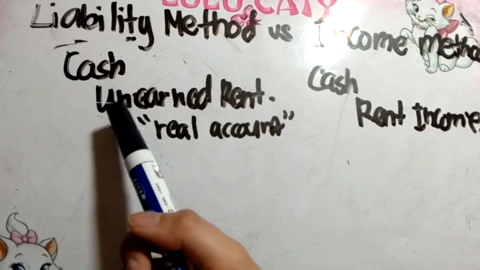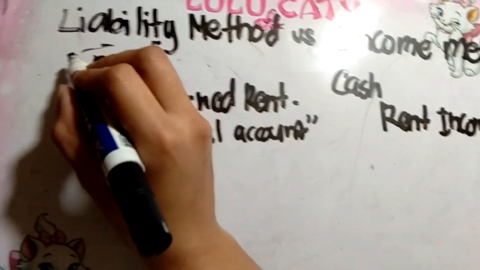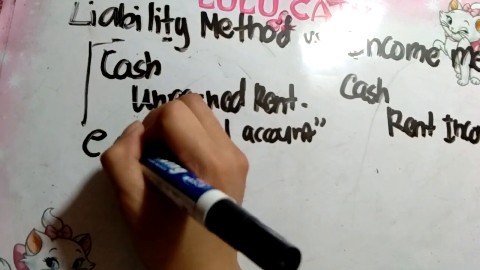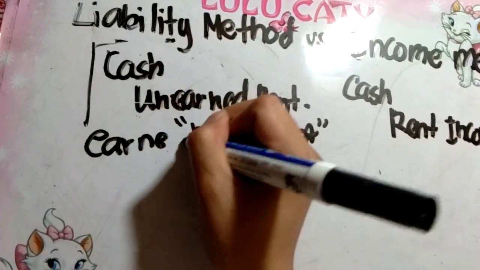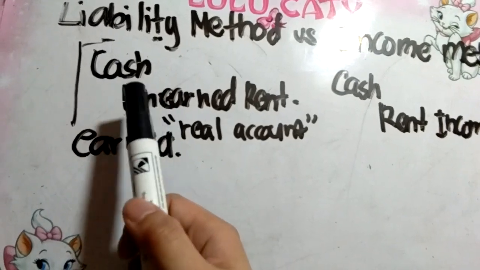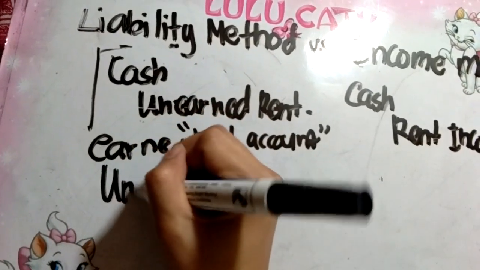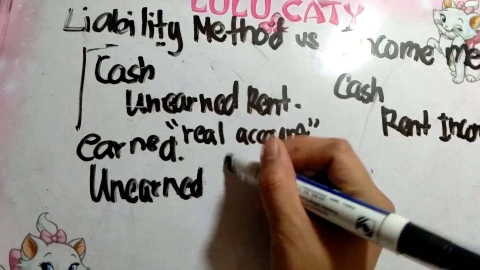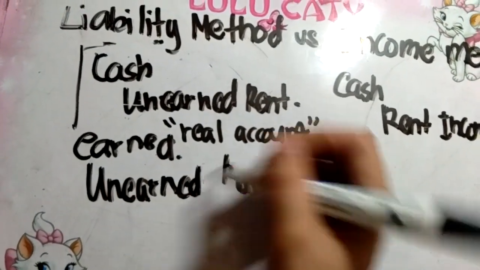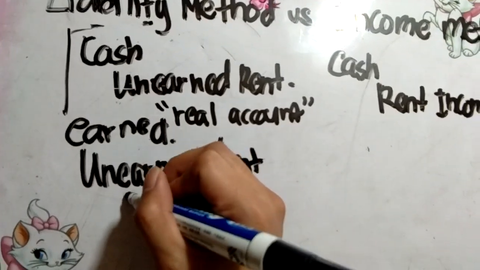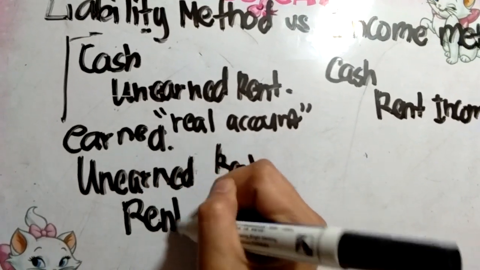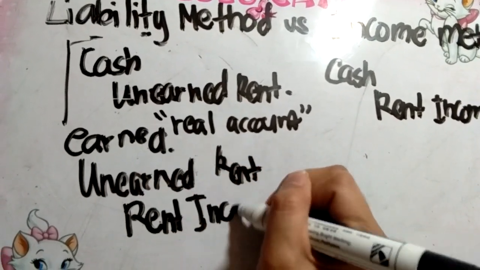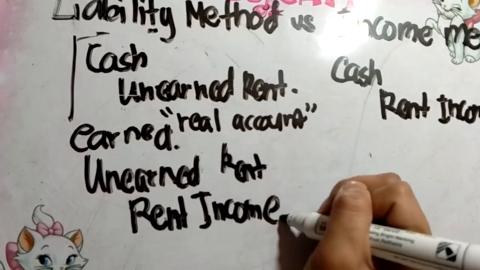You're going to focus on the earned portion. So you're going to debit unearned rent, and you're going to credit the earned portion, which is the focus of this method.